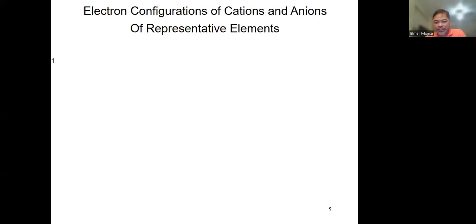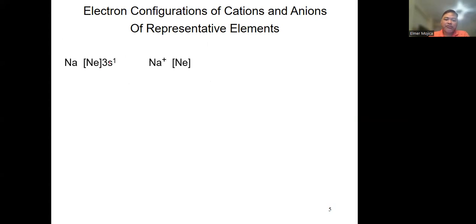If you look at this electron configuration, we can also consider the changes that happen when you gain or lose electrons. For instance, when you have sodium in its ground state, this is how it looks. What happens if you knock out one of the electrons?